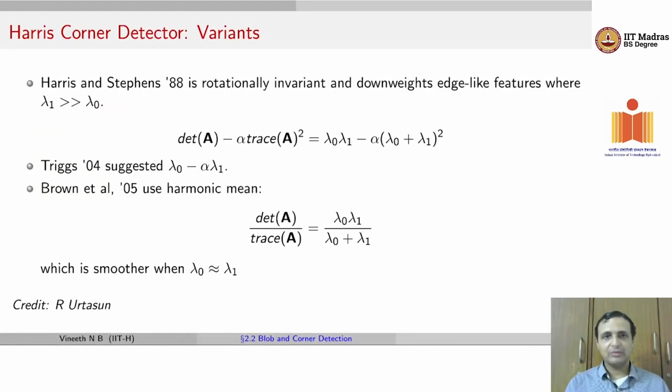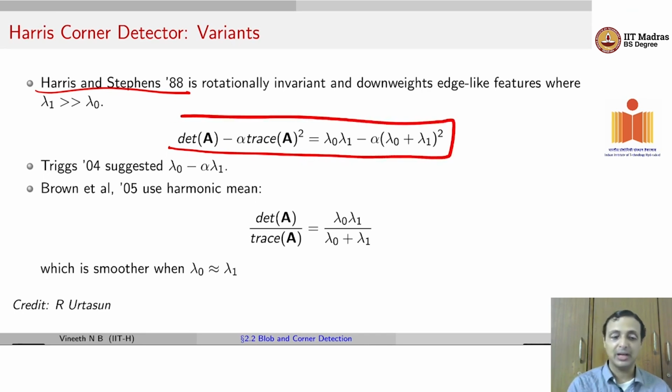While we saw one variant of the Harris corner detector here, it was developed by Harris and Stephens in '88, where we used the determinant minus kappa or alpha times your trace. That's what we used here.